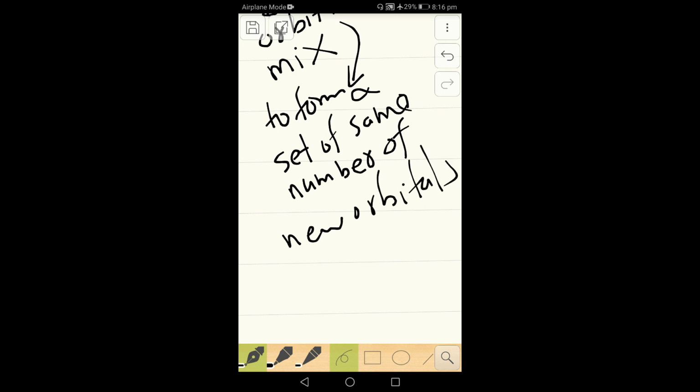So before mixing and after mixing, the number of orbitals remains the same. Okay, so how many types of hybridization are there? Let's see.